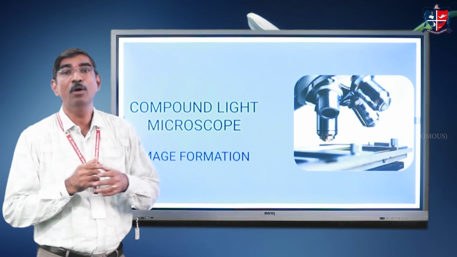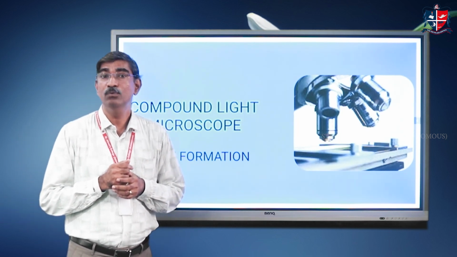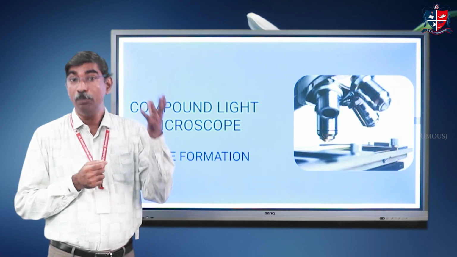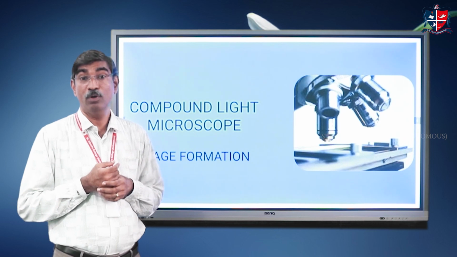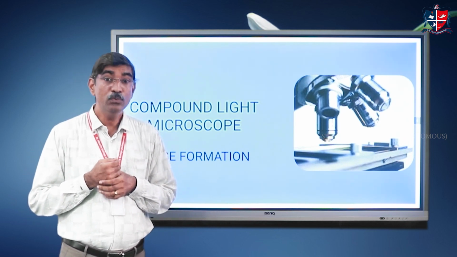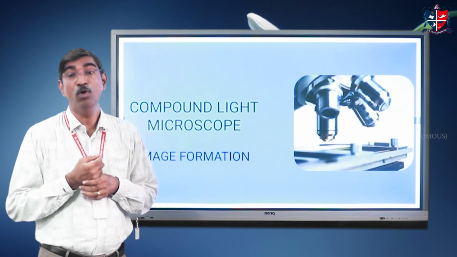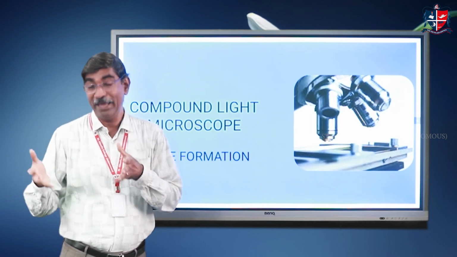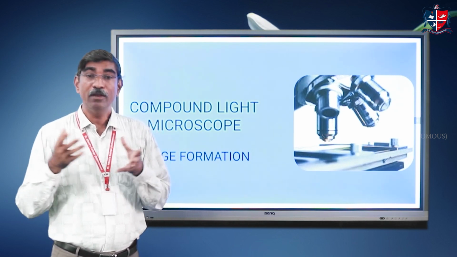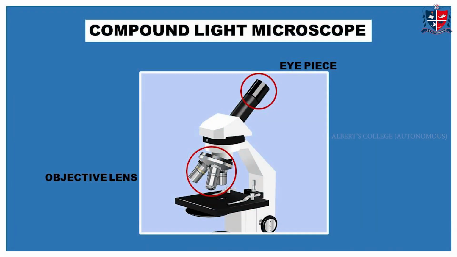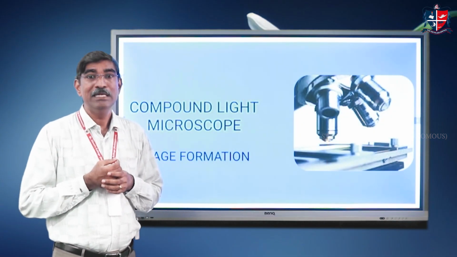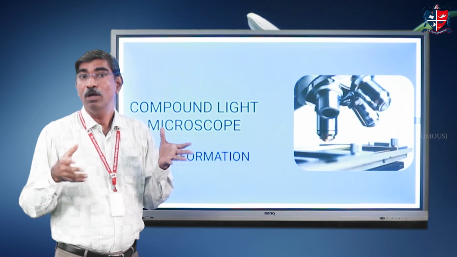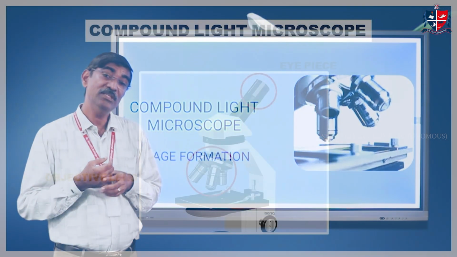And these microscopes can be classified into two, that is, optical and non-optical. The compound microscope, which the students use for their routine work in their biology lab, is an optical microscope. And these are called compound microscopes since they use more than one lens system.